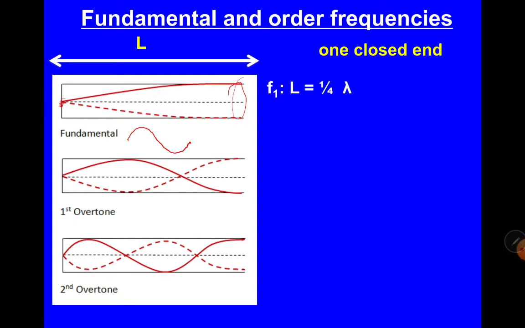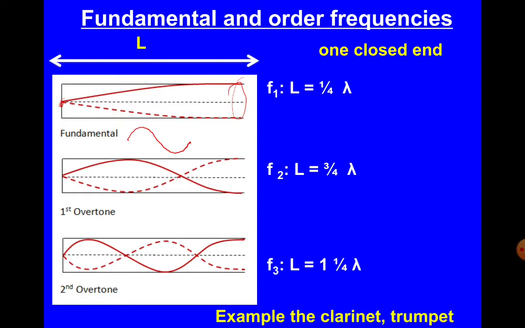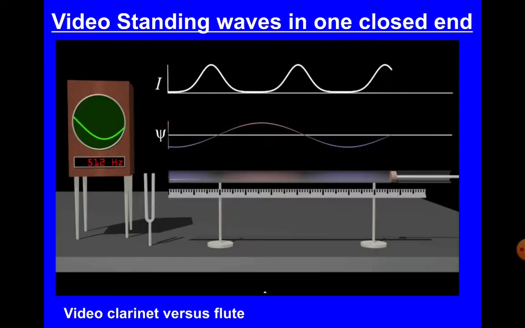The first one is 1/4 of a lambda. Now the second one is 3/4 of a lambda. And the last one is 1 and 1/4 lambda. This is for one closed end. For example, clarinet and trumpet.